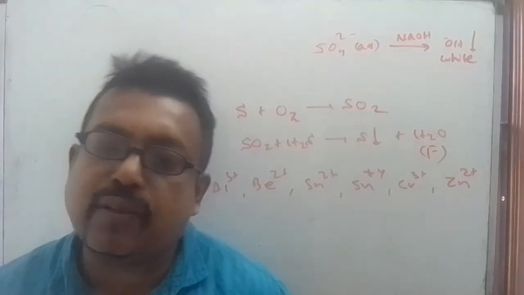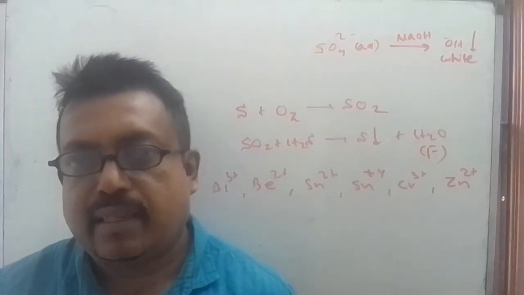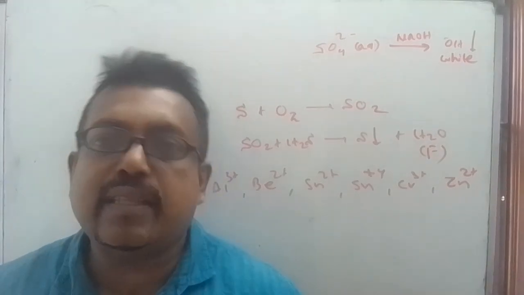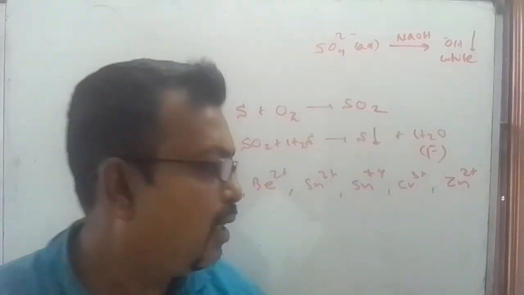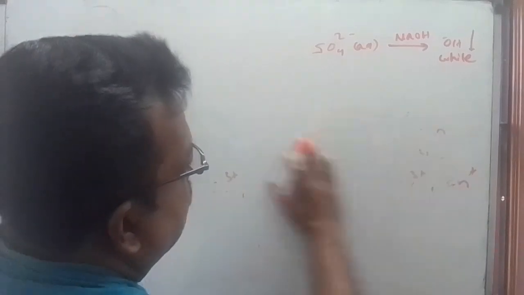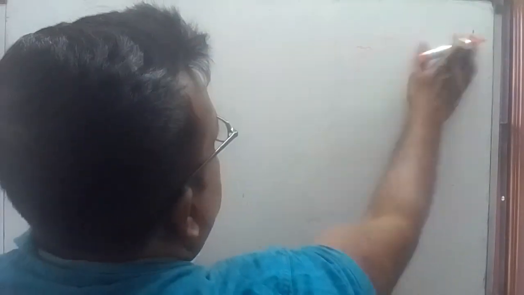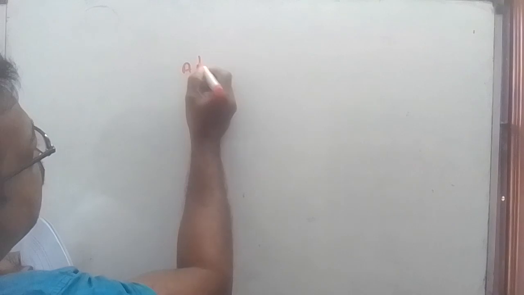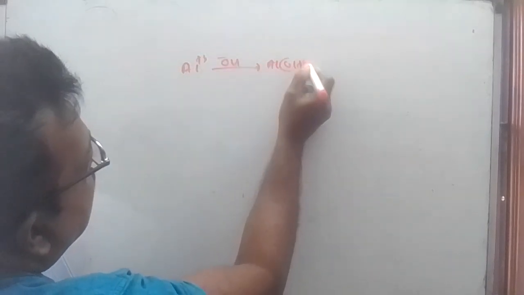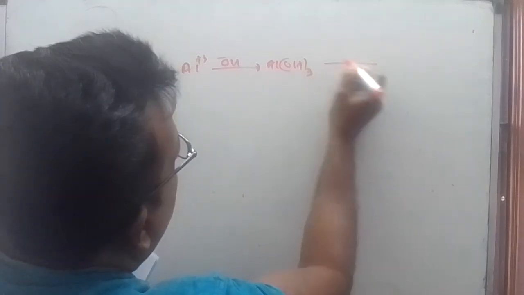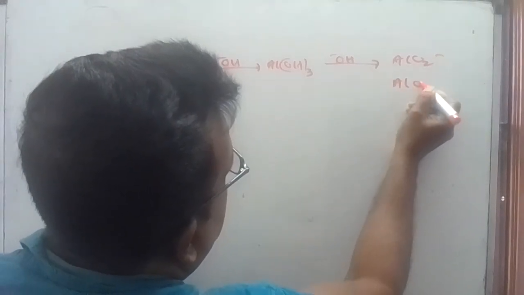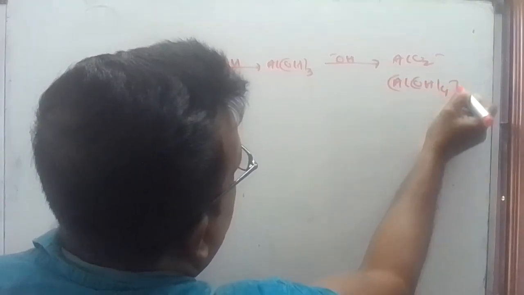Upon the addition of sodium hydroxide, they will precipitate as the relevant hydroxide. Upon further addition of sodium hydroxide, they will dissolve. You know why? Because Al3+ with OH- gives aluminium hydroxide, and upon the addition of more hydroxide ions, it turns to aluminate ions, Al(OH)4 minus.